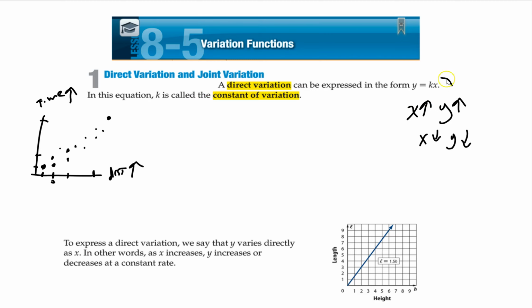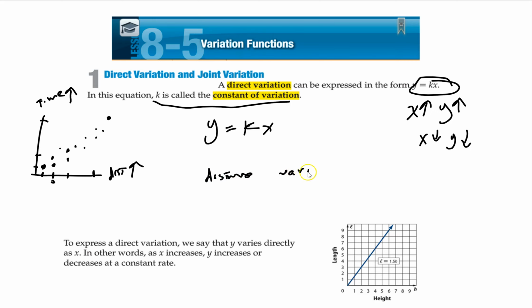And the formula for that is this right here: y equals kx, where k is called a constant variation. So as we do this, you're always going to have a k. K is a constant variation. So we're going to say something like distance from school varies directly as time it takes to get to school.